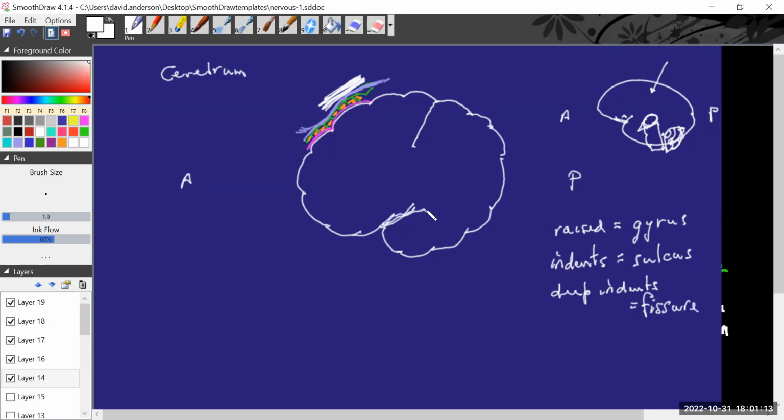So this area right in here is a very deep indentation, goes deep into the center of the cerebrum, so that's called a transverse fissure.